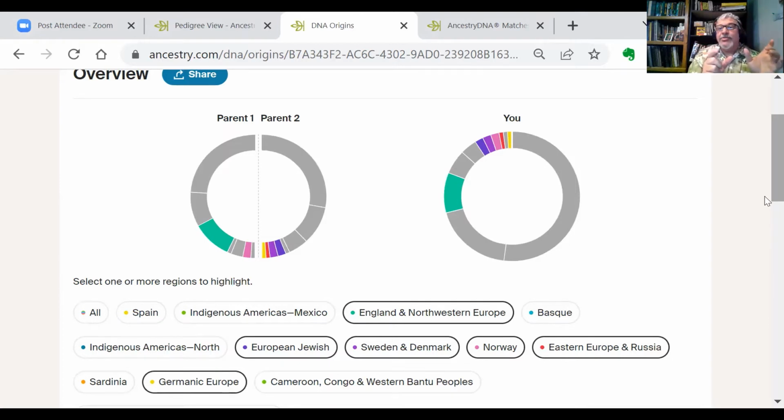You might be getting 28% from your grandfather and 22% from your grandmother. And the same thing with your maternal ancestors, okay? And then as you go up, great-grandparents, great-great-grandparents, etc., you'll see even more differences in percentages.